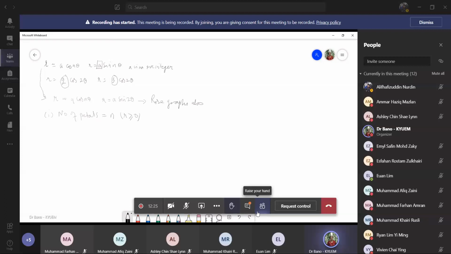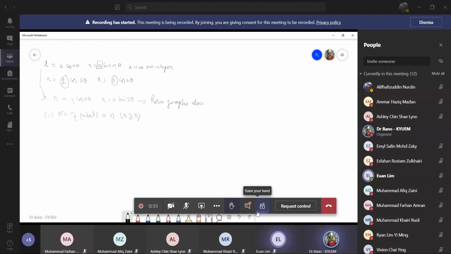Now what does this mean? The value of n determines the number of petals. So that means if n is equal to 2, then there should be 2 petals, 3 should be 3, and 4 should be 4.